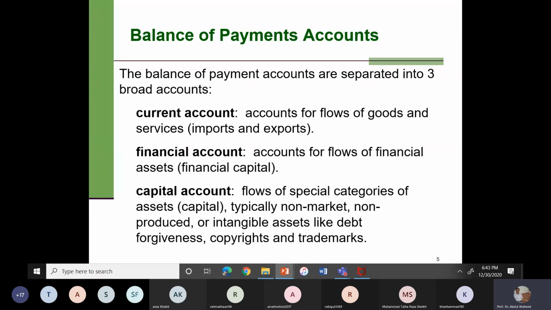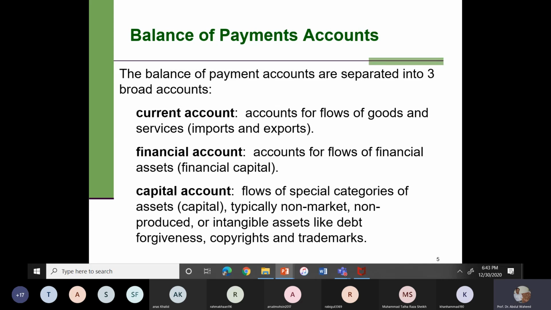And we have three broad accounts in balance of payment. We have current account, we have financial account, and we have capital account. Now the current account records the flow of goods and services, okay, exports and imports. And then we have the financial account. This records the flow of financial assets, okay.